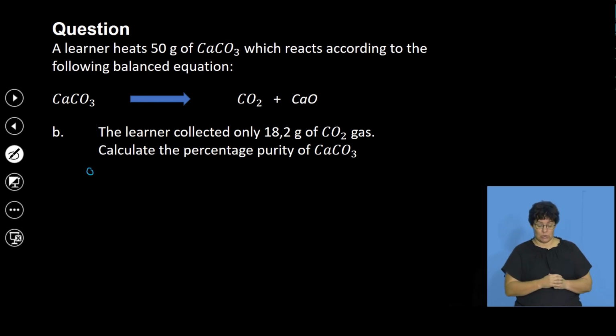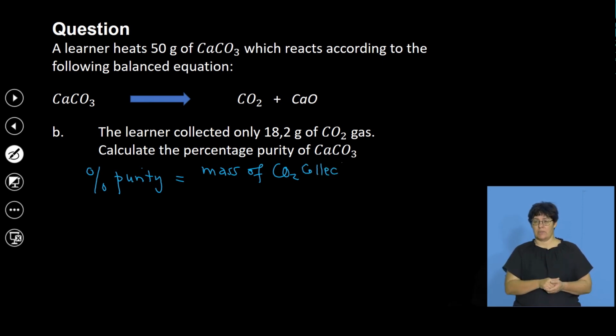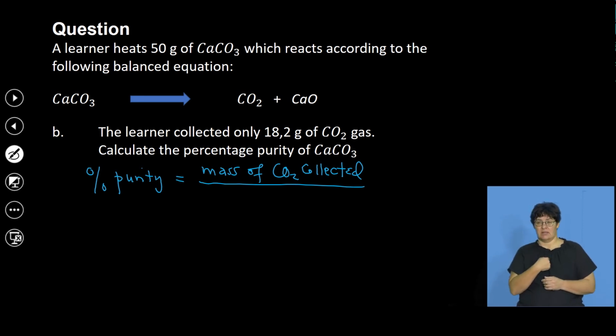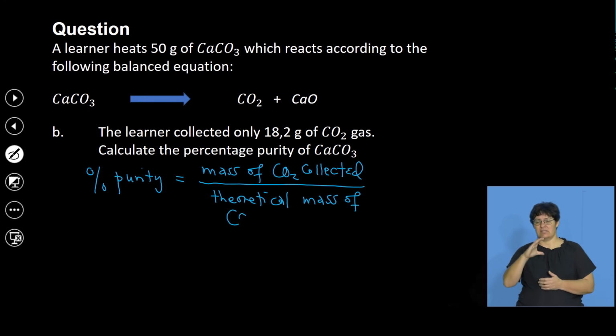So the percentage purity of the calcium carbonate is equal to the actual mass of carbon dioxide collected, divided by the theoretical or expected mass of carbon dioxide, the one that we calculated using the stoichiometric ratio, and we multiply that by 100.